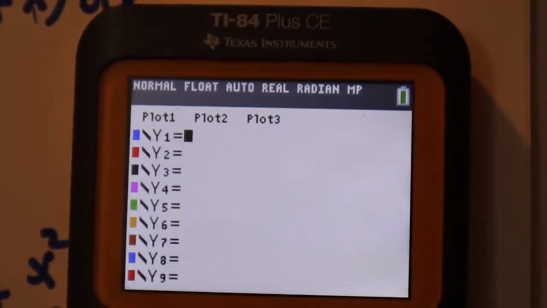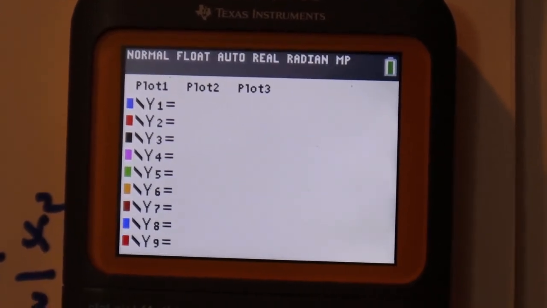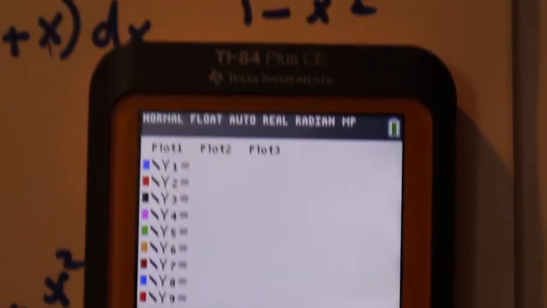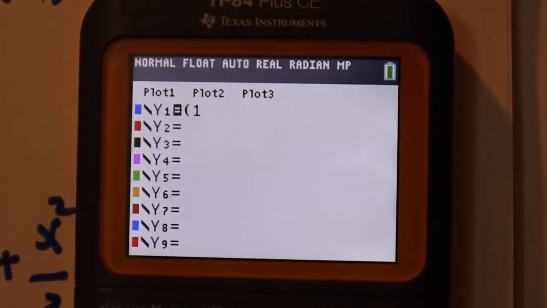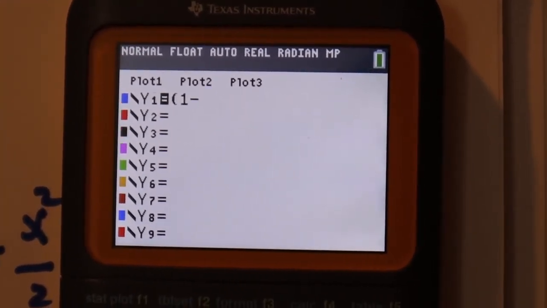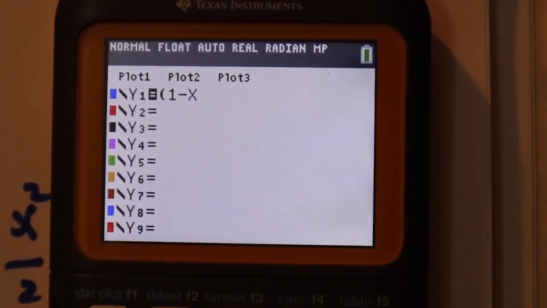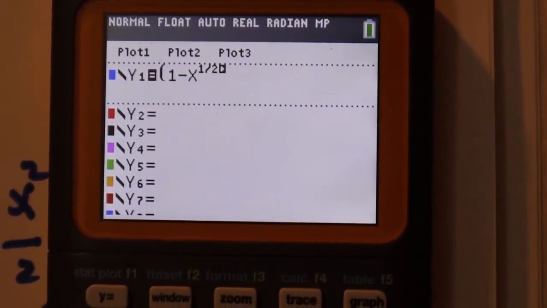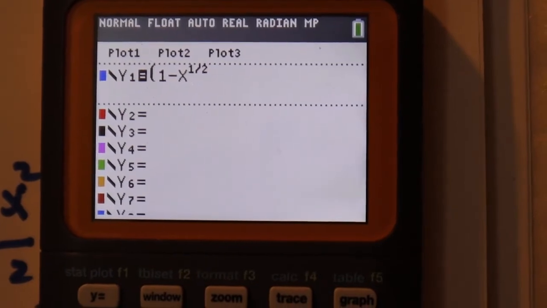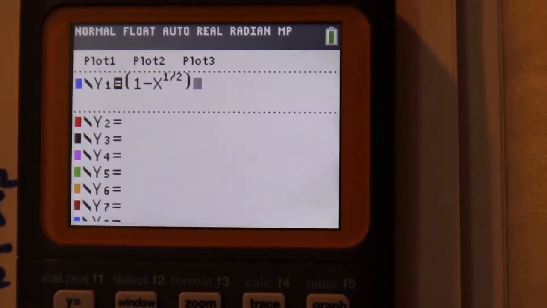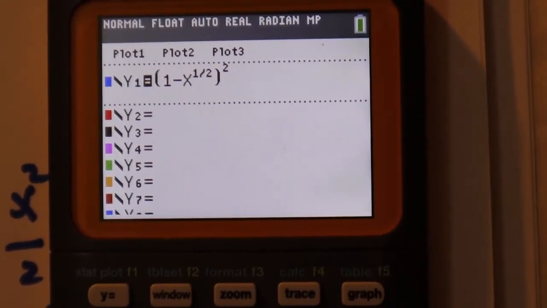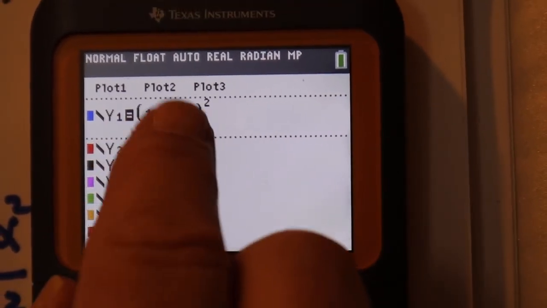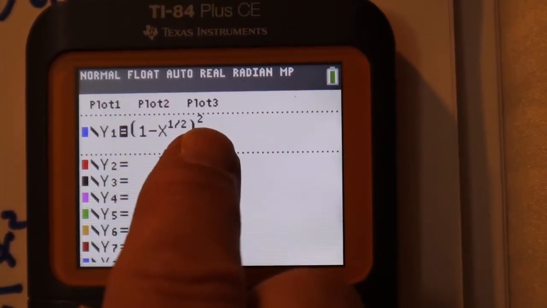And we're going to find the area under this curve by typing this function here. It will be 1 minus x exponent a half, with the exponent a half, 1 divided by 2, all this at the top, and then close parentheses, and it's going to be squared. So this is the function 1 minus x exponent a half, squared.